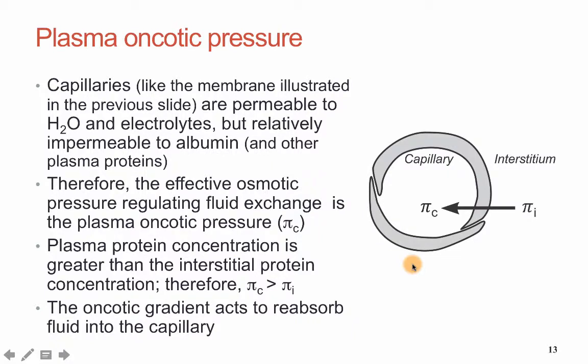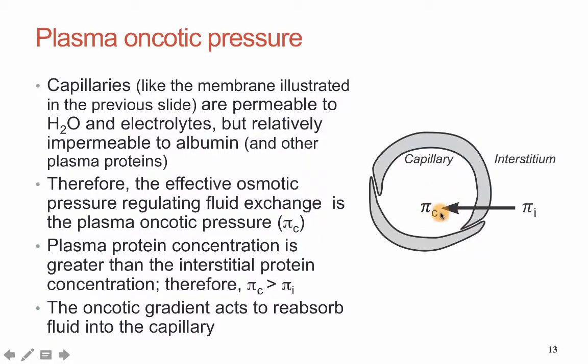So as I just stated a moment ago, capillaries, like the illustration in the previous slide, are permeable to water and electrolytes, but relatively impermeable to albumin and other plasma proteins such as fibrinogen. Therefore, the osmotic pressure that is involved in the movement of fluid across the capillary is referred to as the plasma oncotic pressure.